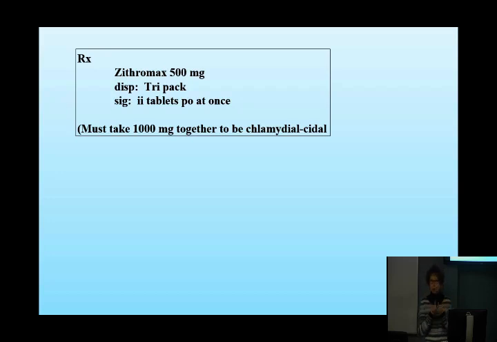We'll tell them to take 2 pills together, so they have that 1,000 milligrams. Technically, that's all they need, but since there's 3 of them, I tell them to take 2 pills together the first night, and first thing the next morning take that 3rd and last pill, just as kind of an extra insurance policy.